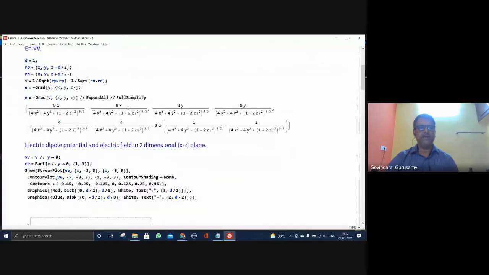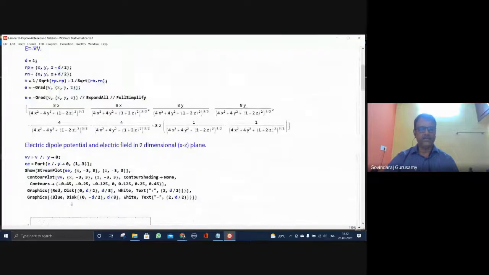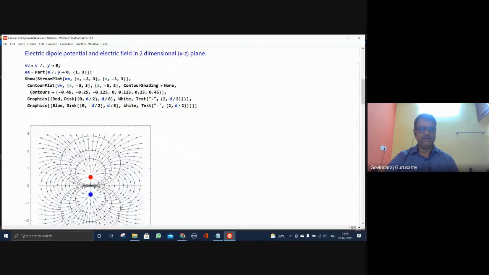Now I want to plot the potential and electric field together and show it in the picture. Taking one direction equal to 0, make a stream plot, which is a vector plot. Nicely you can see the positive charge and negative charge, and this is the field, with y equal to 0, remaining in the plane of x and z.